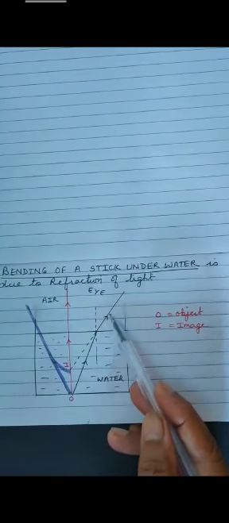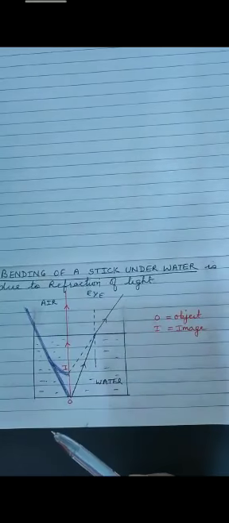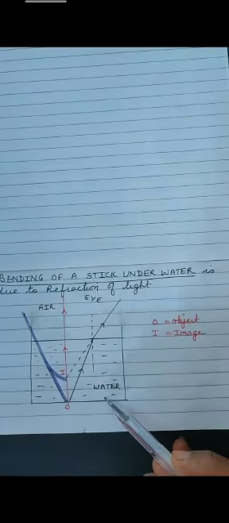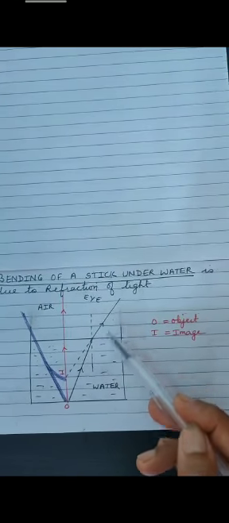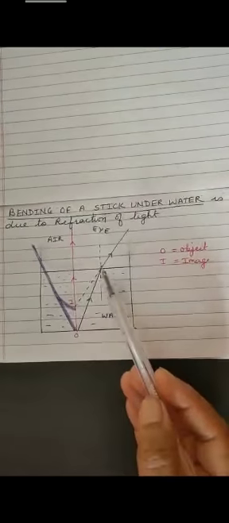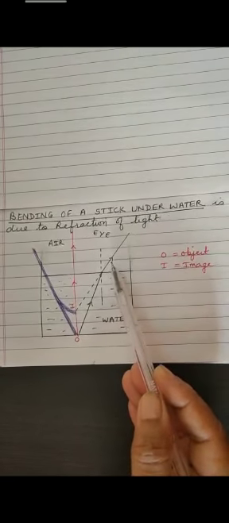So when the ray of light is incident at a certain point on the surface of separation, you'll observe the ray of light is going to move away from the normal. Why is the ray moving away from the normal? Because it is moving from the denser medium to the rarer medium, from water to air. So when the ray of light is moving at a certain angle, it moves away from the normal.